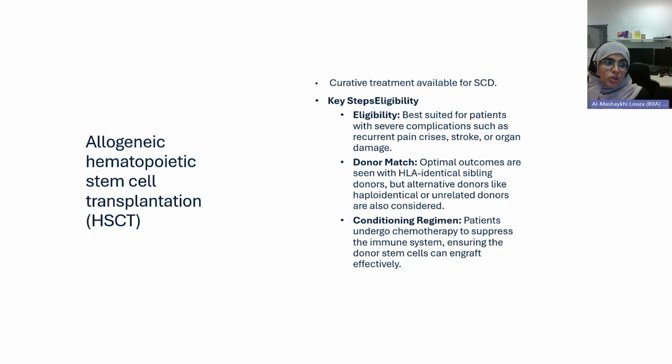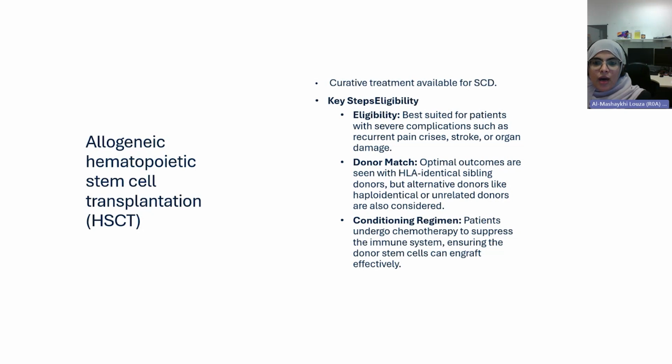So the curative option is allogeneic stem cell transplant. It is the curative treatment available for sickle cell disease, but there is eligibility for stem cell transplant. It's best suited for patients with severe complications such as recurrent painful crisis, stroke, or organ damage. The donor match should be an HLA identical sibling donor.